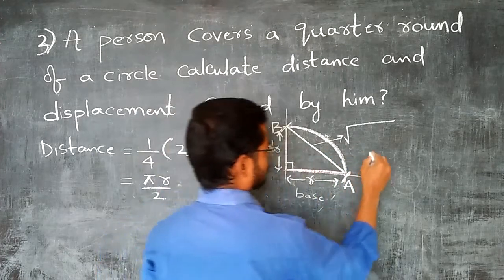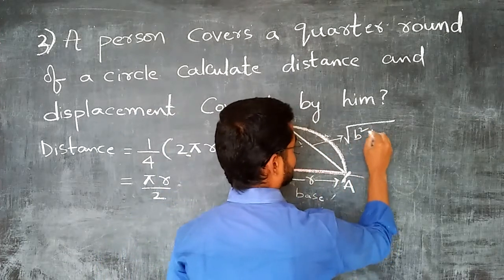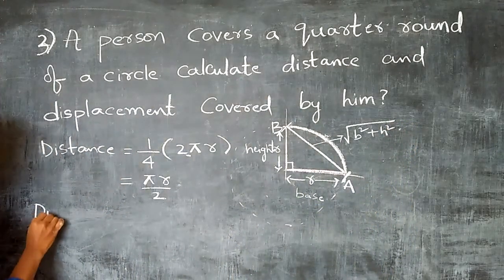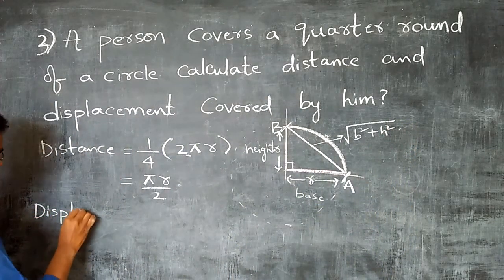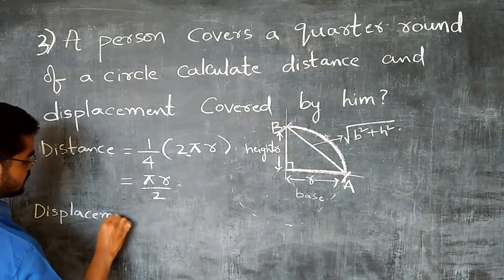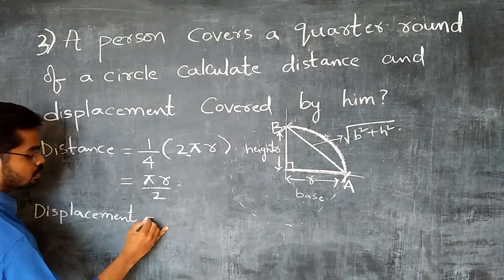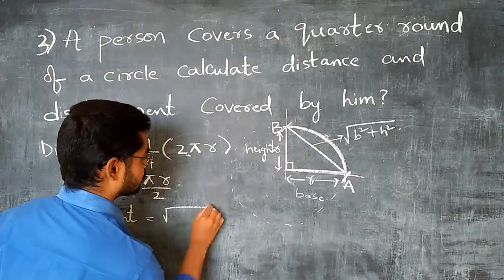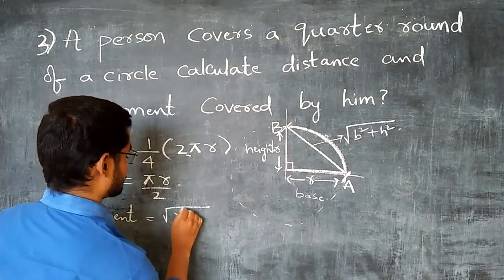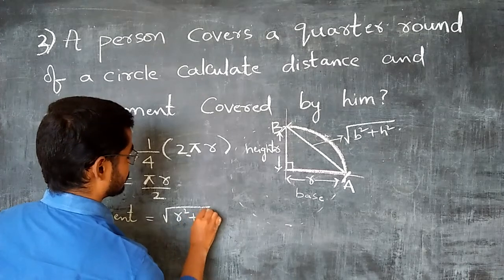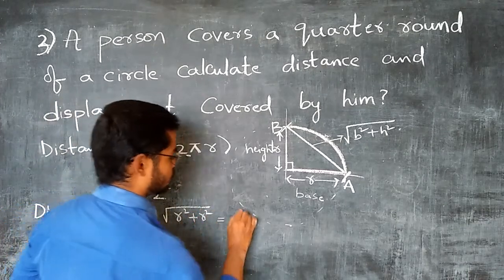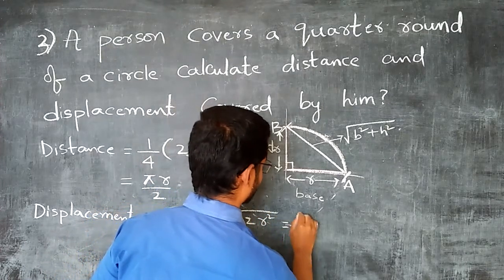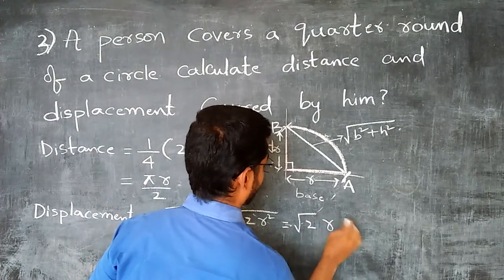Displacement is equal to the square root of r square plus r square. It is equal to root 2 times r square, which is root 2 r.